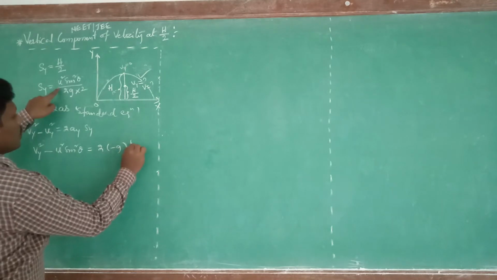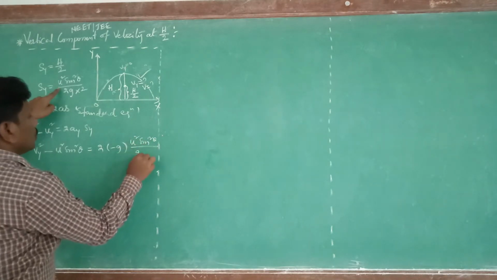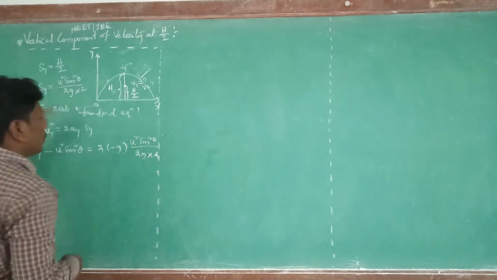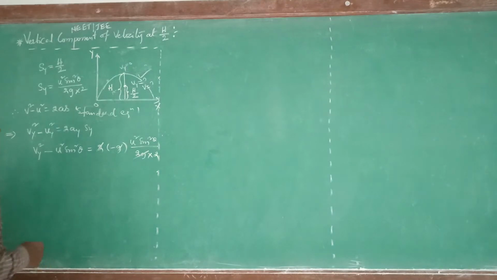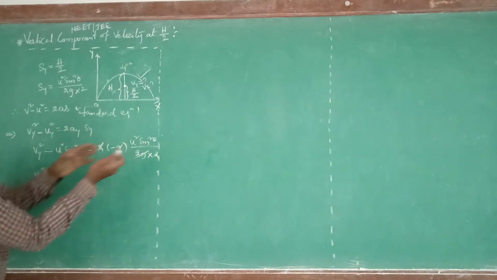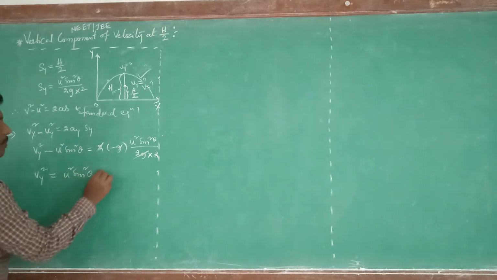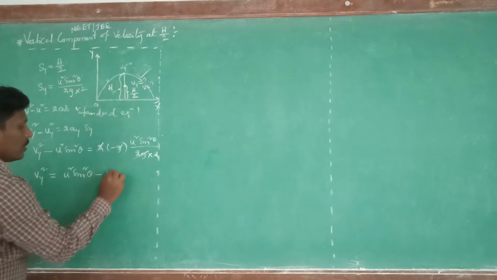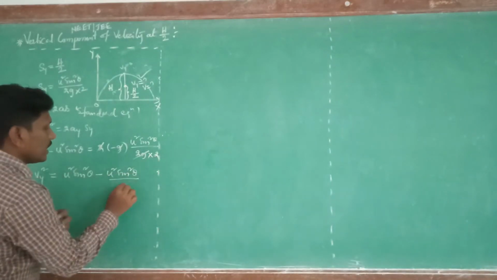Sy is u square sin square theta by 2g into 2. This 2g gets cancelled. Vy square is equal to u square sin square theta minus u square sin square theta by 2.